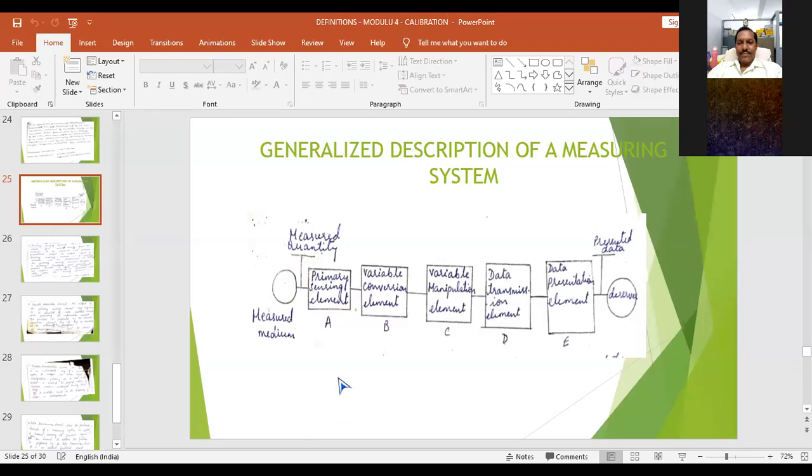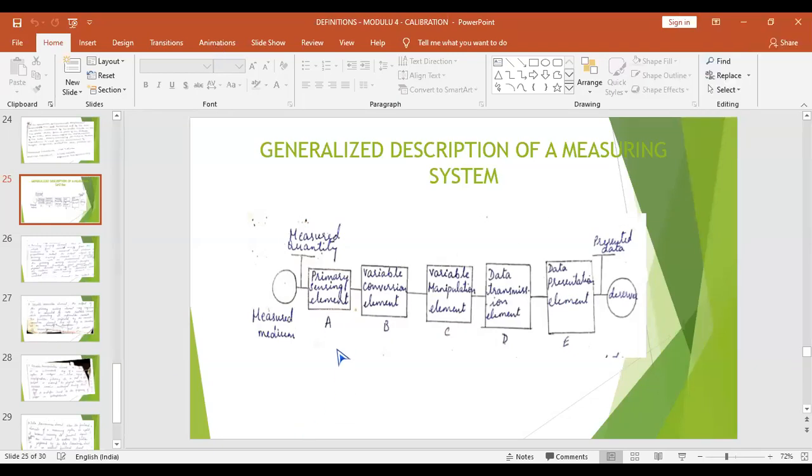That voltage signal is converted into an analogous signal in the variable conversion element, and that analogous signal is converted again into a voltage signal.